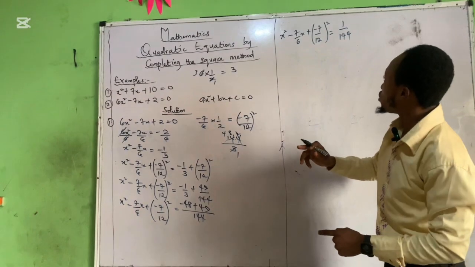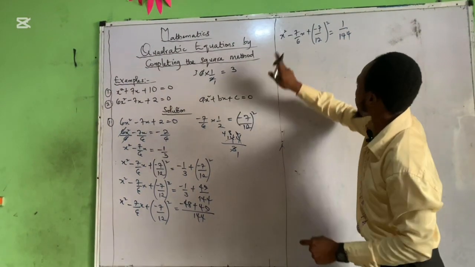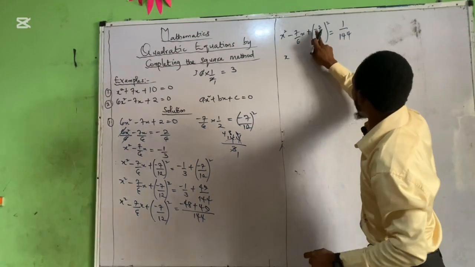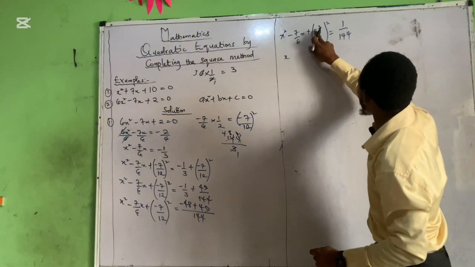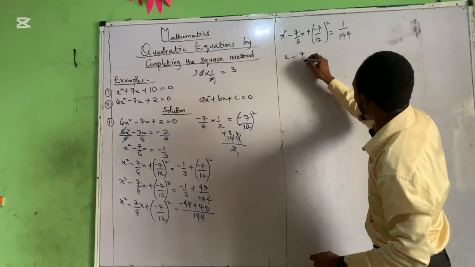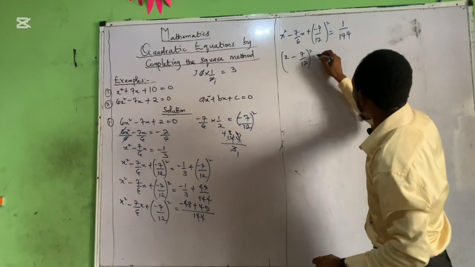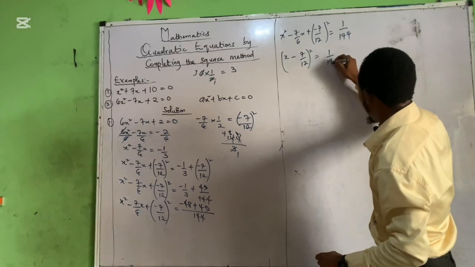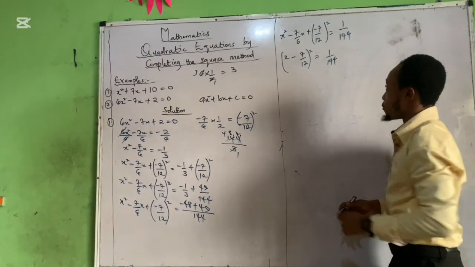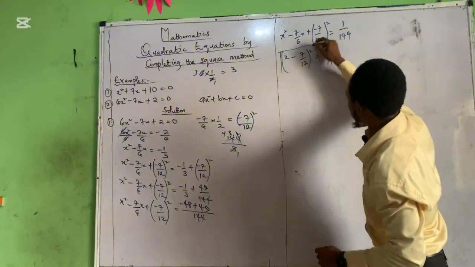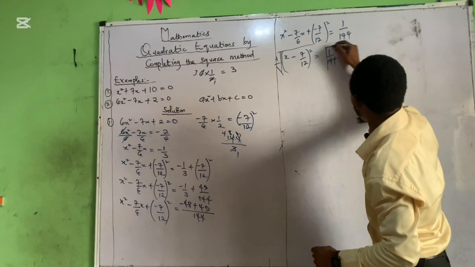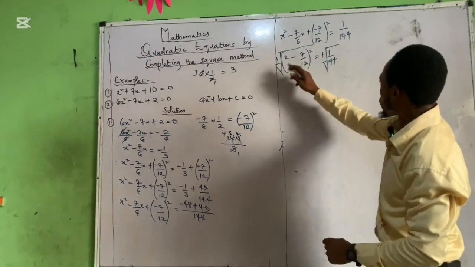Now the next thing is to combine the squares. So when you combine the squares, remember what I told you, this x now and this 1 here, but there is a minus here: x minus 7 over 12 all squared equals 1 over 144. So you take the square root of both sides, we have plus or minus. So what do we have here?